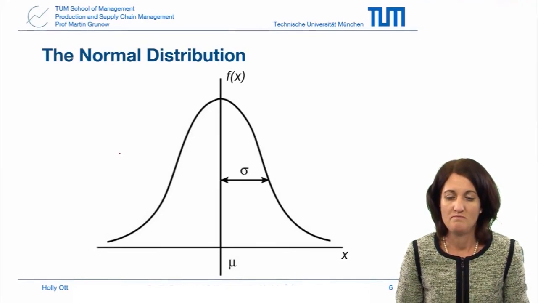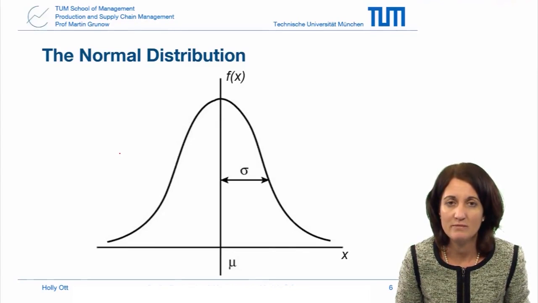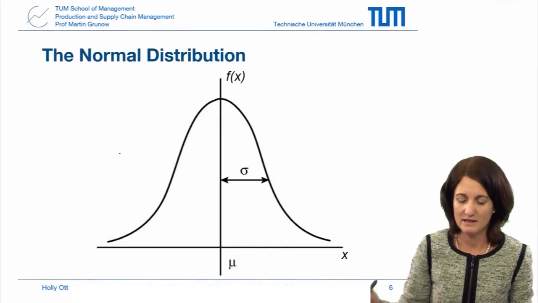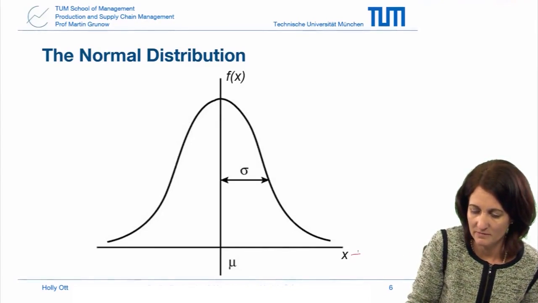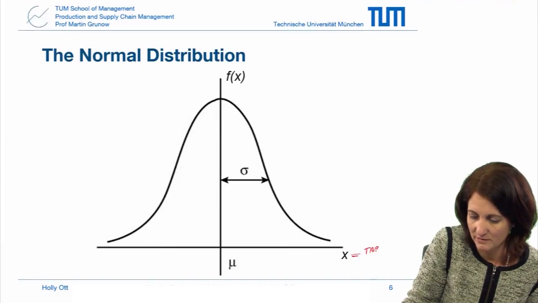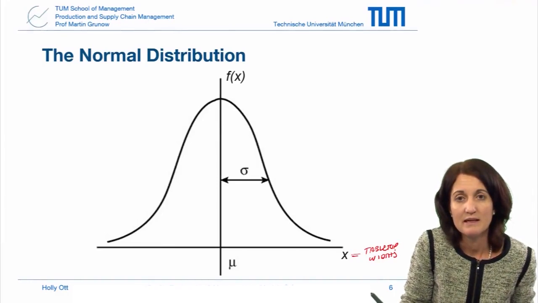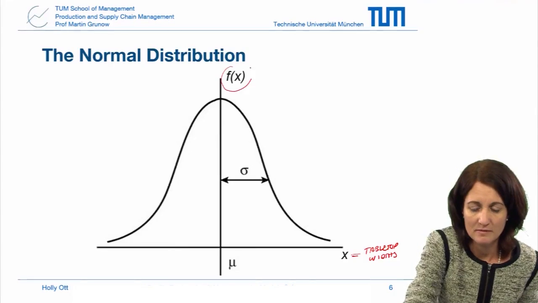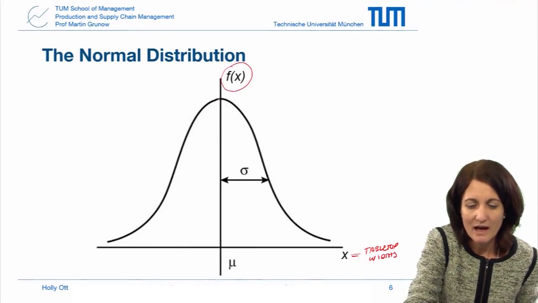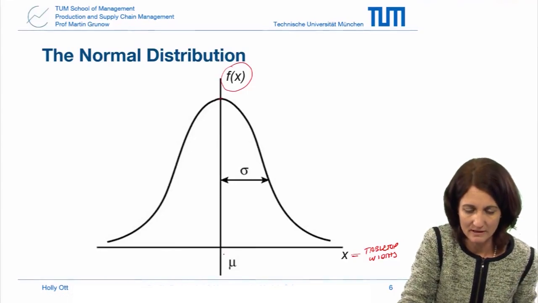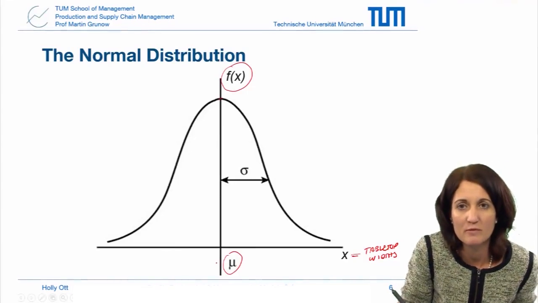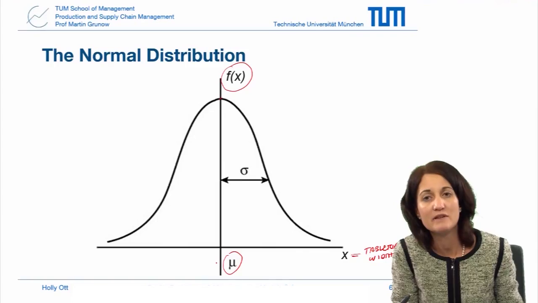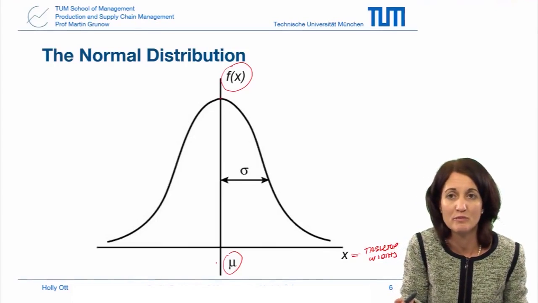So our tabletop widths, if they are normally distributed, what does this mean? Here we have our tabletop widths. Let that be our random variable x. This means in our probability distribution function, we have the highest probability that most of our tabletop widths will be around the mean of the distribution, a mean value mu.